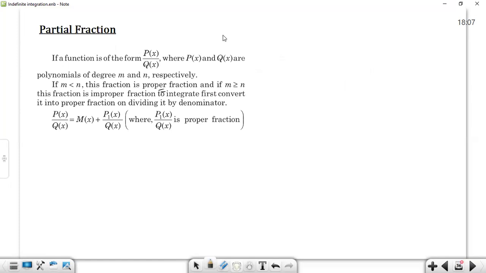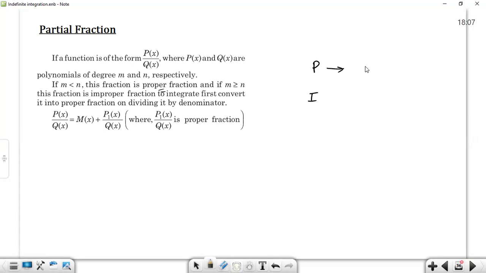Partial fractions. Basically, if a function is of the form p(x) by q(x), where p(x) and q(x) are polynomials of degree m and n, there are two kinds of rational fractions: proper fractions and improper fractions.